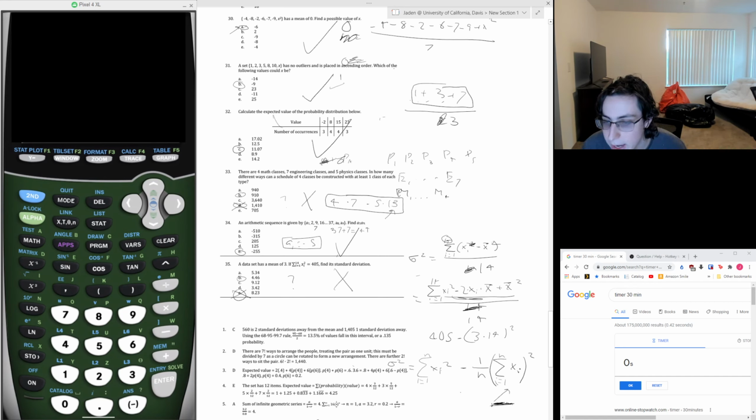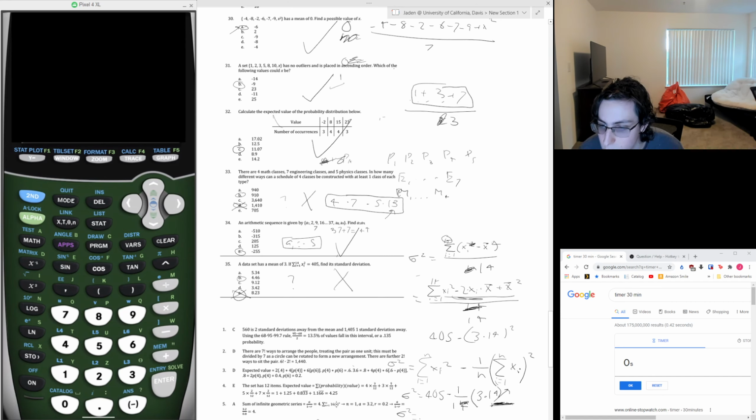So we actually know what that would be. We know it has a mean of 3 and that there are 14 data points. We also know what this is exactly because they give it to us: 405. Minus 1 over 14, because there are 14 data points. This here is going to be equal to the mean times the number of data points, 3 times 14. Actually, I'm going to write that out better.